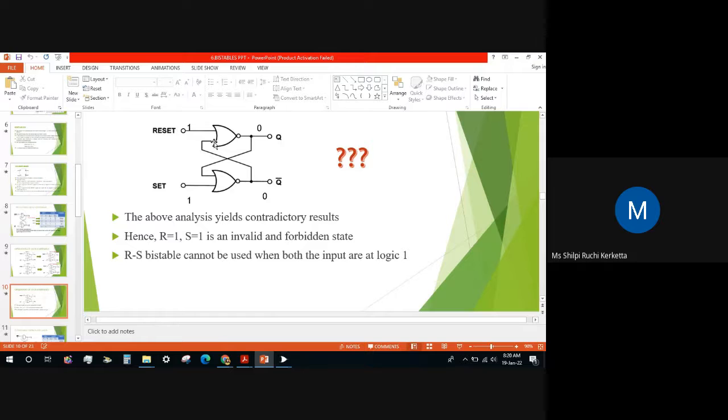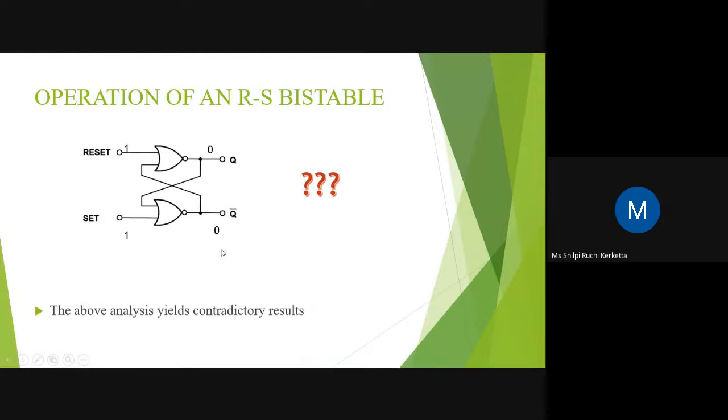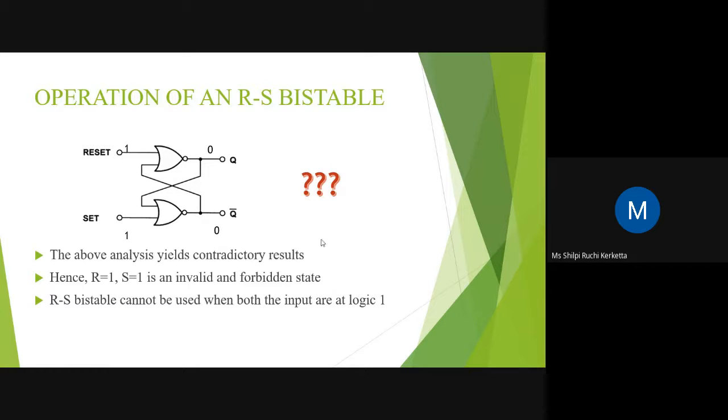If you see the output, actually it is becoming 0, so it becomes 1 0, so we are getting a 0, and here we get 1 0 1, but these are constantly changing because of the NOR gate. So that's why it is actually toggling. It cannot decide what the output is. If you do another condition, it will come as 1 1. So that's why it is toggling. So this 1 1 condition is becoming invalid.